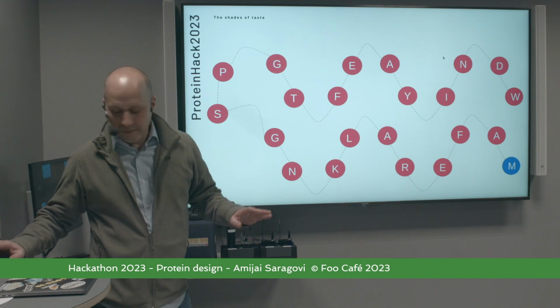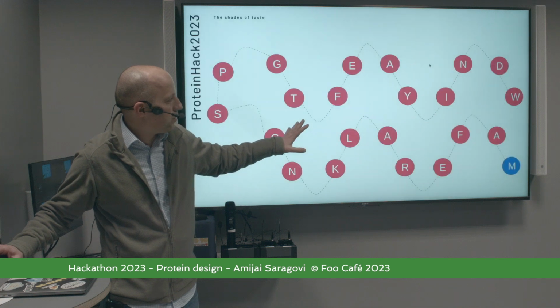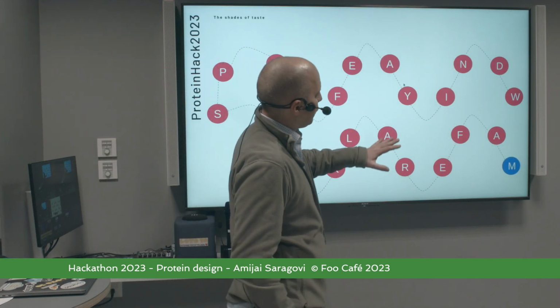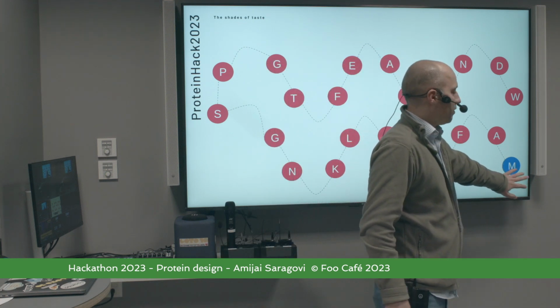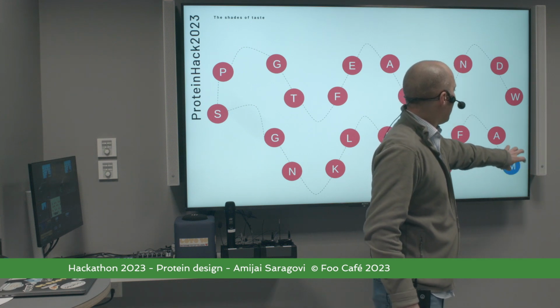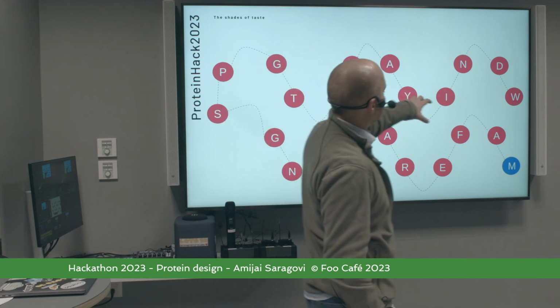But okay, so here we see shapes, but all these shapes are just a sequence. Each of those proteins is composed of a very long chain, starting normally from methionine, which is one building block, and it's made of different building blocks, which form a long chain.